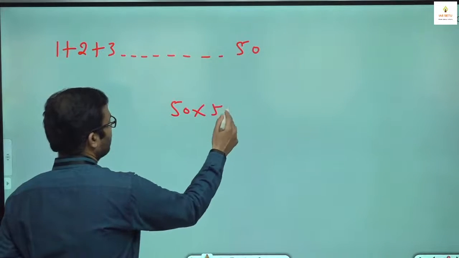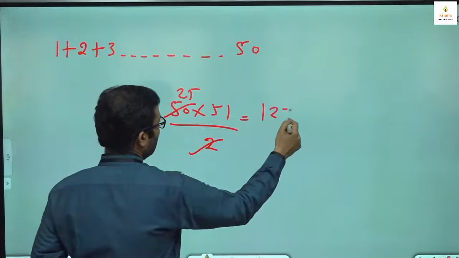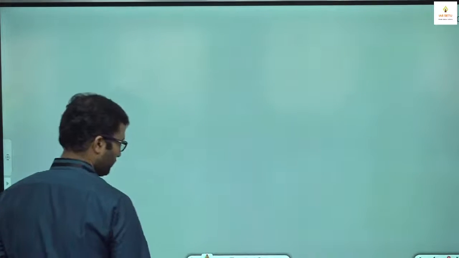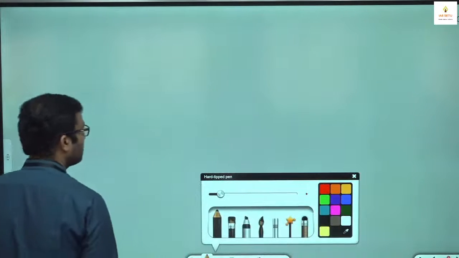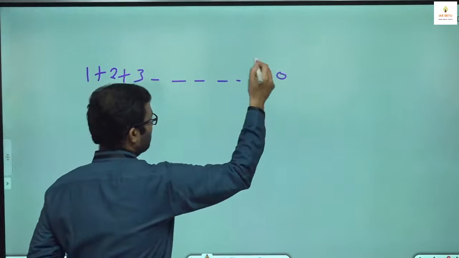This is 50 into 51 divided by 2. This is 25 into 51, 1275. What is 1 plus 2 plus 3 up to 30?